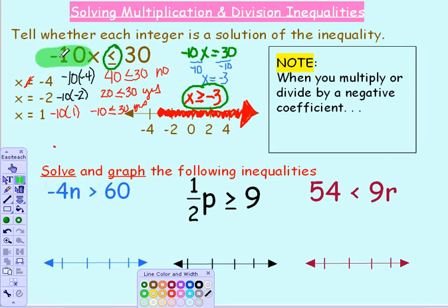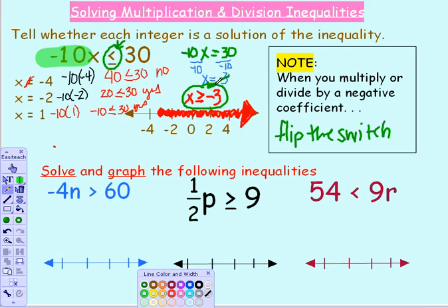When you multiply or divide by a negative, when that coefficient is negative, you must flip the switch. What that means is that less than or equal to changes to a greater than or equal to.